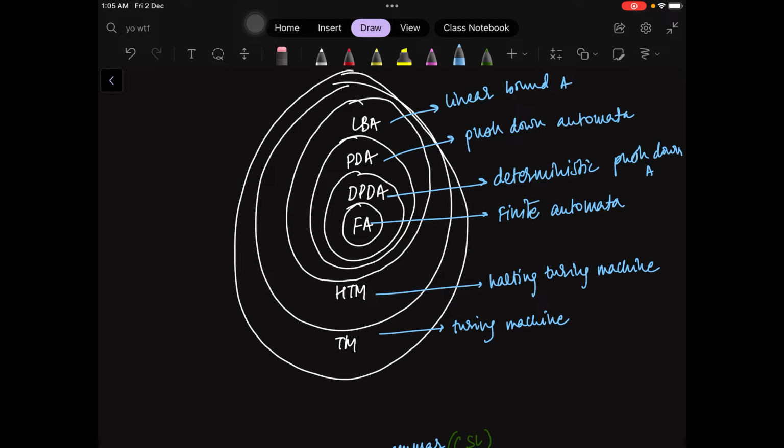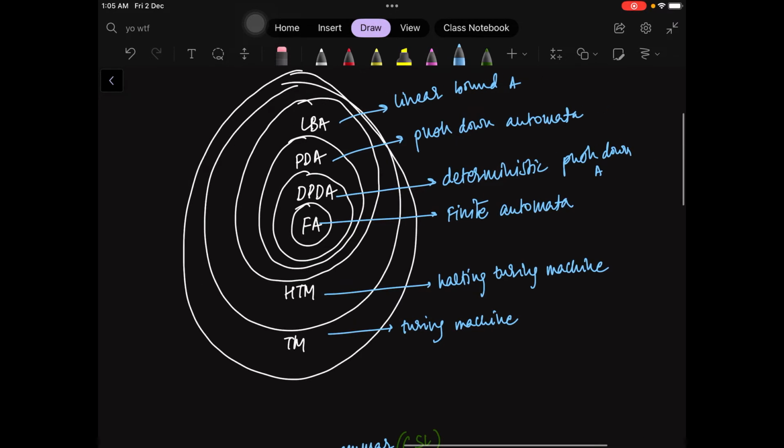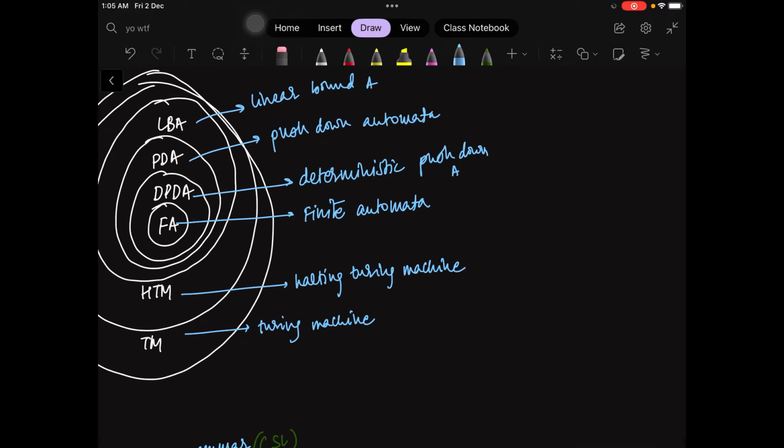And now let's just make it clear that, as we were discussing, PDA has two types. It has non-deterministic push-down automata and deterministic push-down automata. Turing machine also has non-deterministic and deterministic versions.